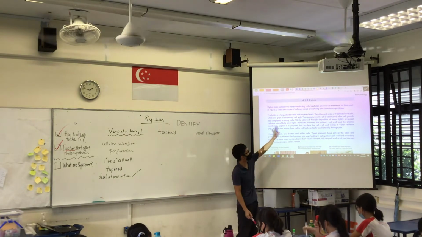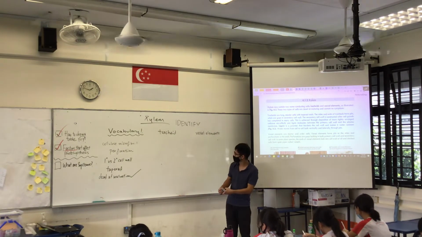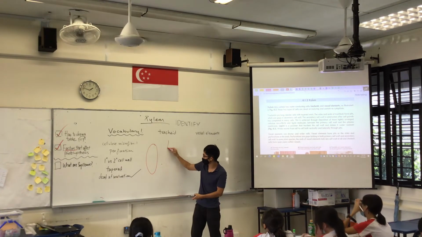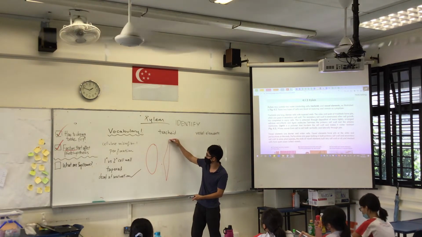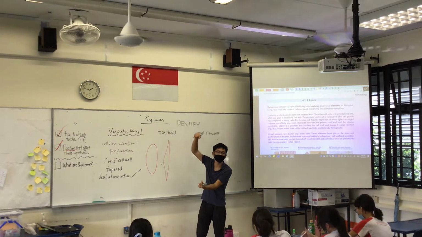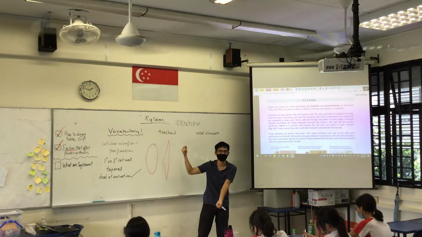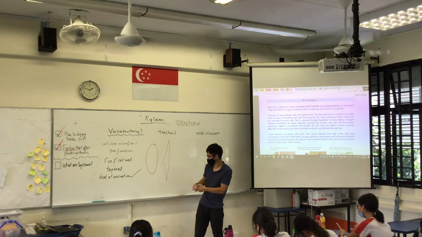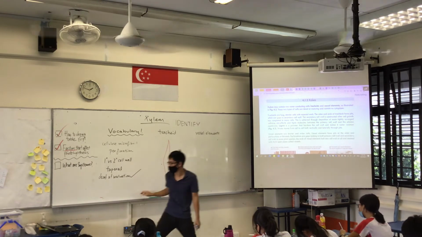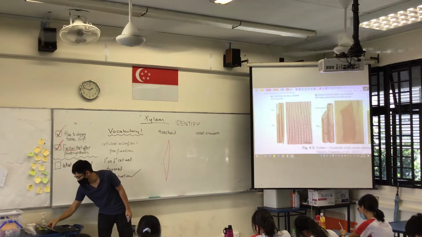It says tracheids are long slender cells with tapered ends. Here is a cell without tapered ends. Here is a cell with tapered ends. Tapered just means that towards the end, it connects and joins to a point. If you look at the image inside your textbook, you can see that the cells have tapered ends.